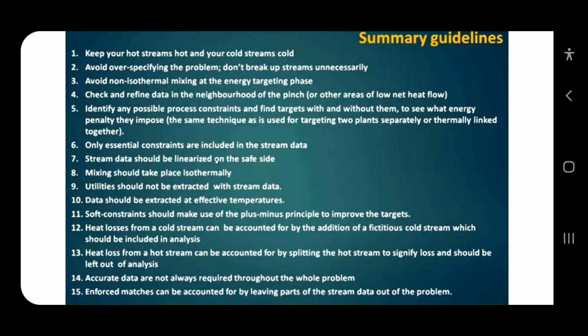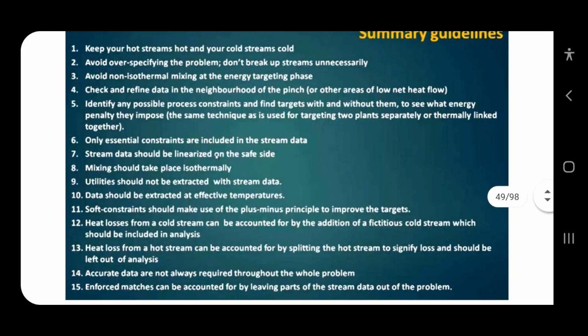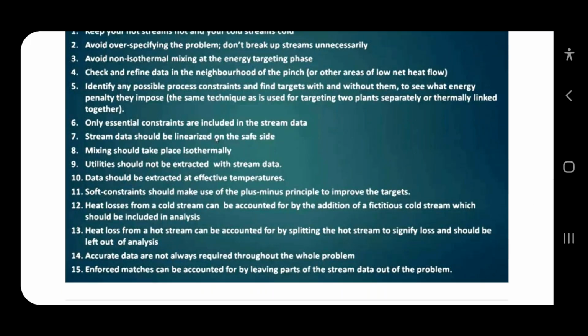On the safe side, mixing should take place isothermally. Utilities should not be extracted with stream data. Data should be extracted at effective temperature. Then the eleventh point is soft constraints should make use of the plus-minus principle to improve the targets.